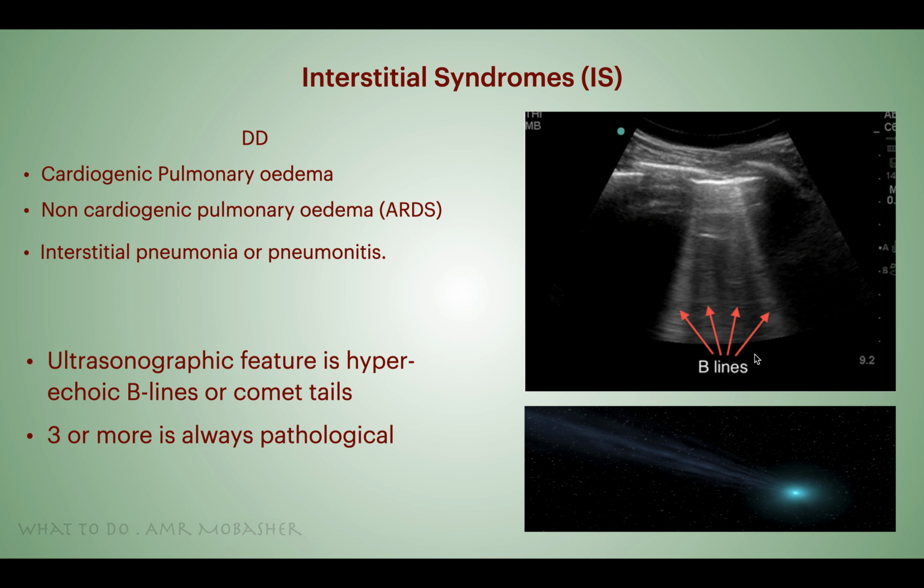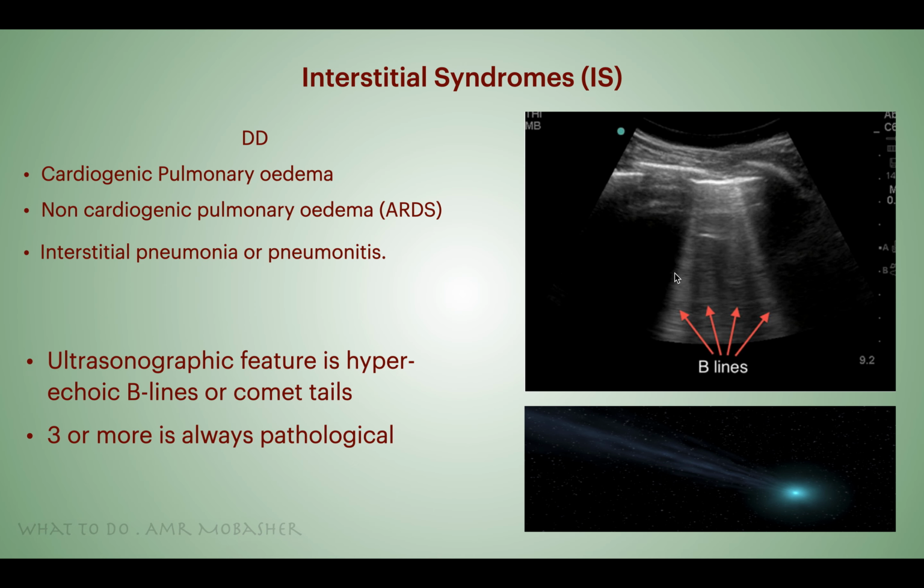You can accept one or two B lines normally in a single intercostal space, but three or more is always pathological. So we need to appreciate three or more of those B lines to confirm that this interstitial compartment is water overloaded or inflamed.